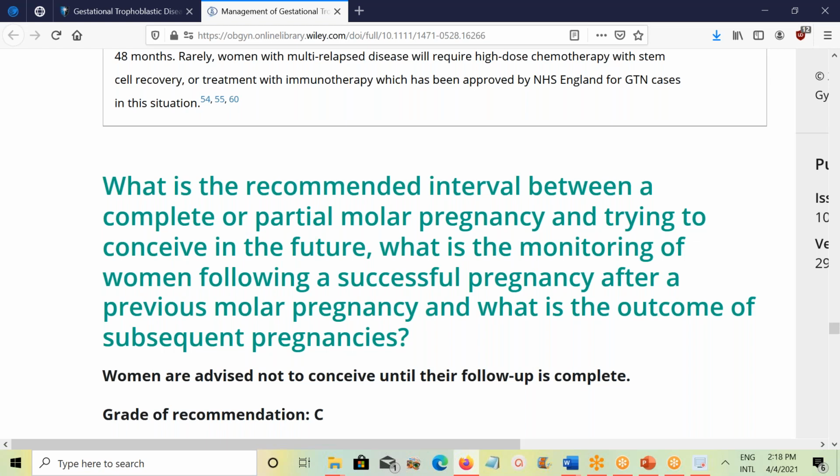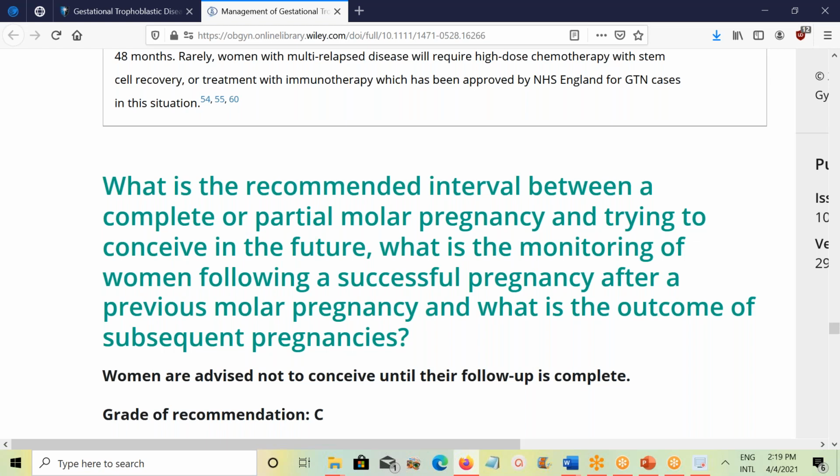We call that EMA-CO, and it includes methotrexate, dactinomycin, etoposide, cyclophosphamide and vincristine. All of these make up EMA-CO. We have to continue the treatment until hCG returns to normal, and then for a further 6 consecutive weeks.